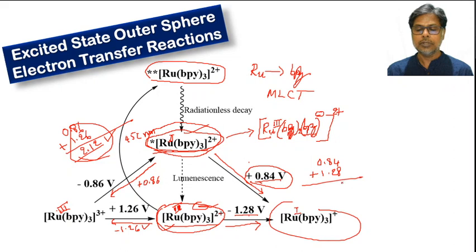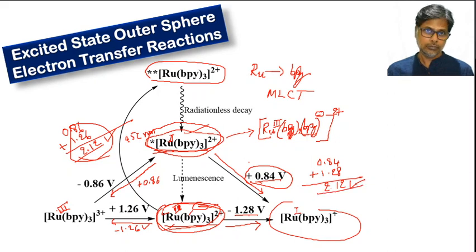So that gives you 2.12 volts. So the excited state ruthenium complex is a better oxidizing agent than the ground state ruthenium complex by 2.12 volts.